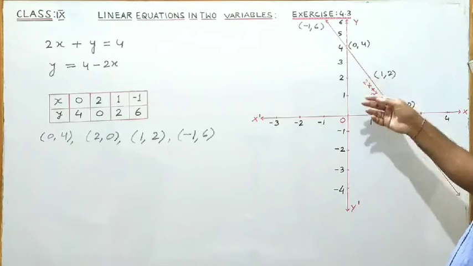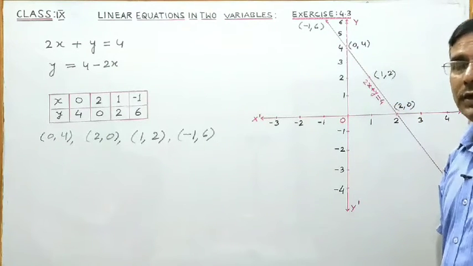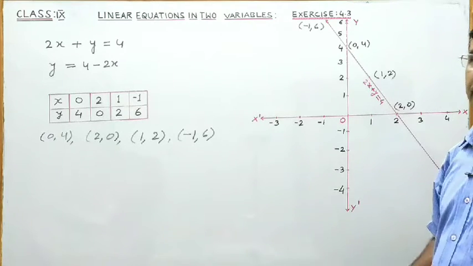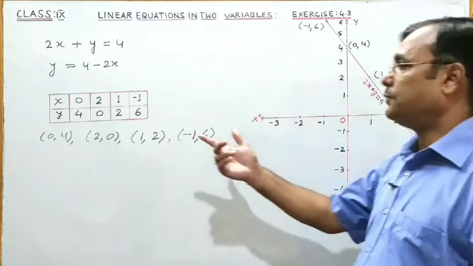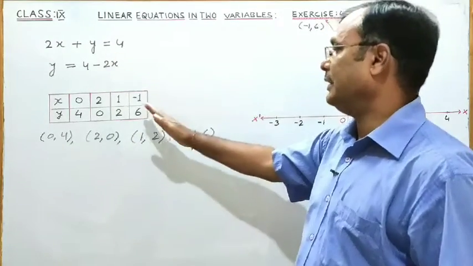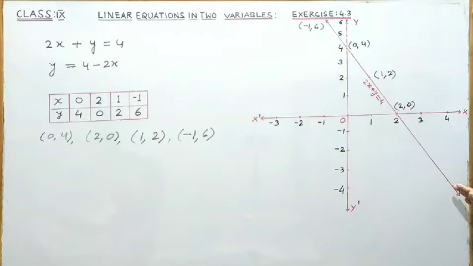The other 2 solutions (1, 2) and (minus 1, 6) also lie on the same straight line, which is the graph of the linear equation. These 4 are solutions of this given linear equation and they all lie on the graph of the linear equation 2x plus y equal to 4.